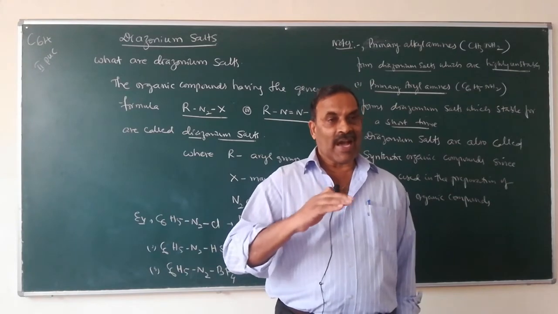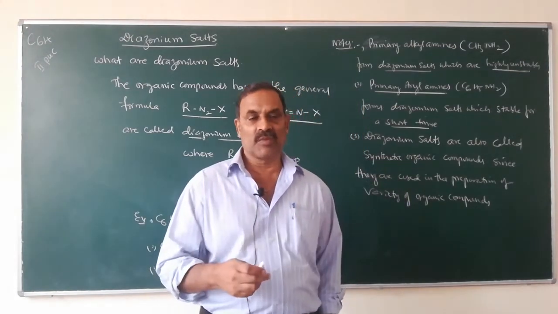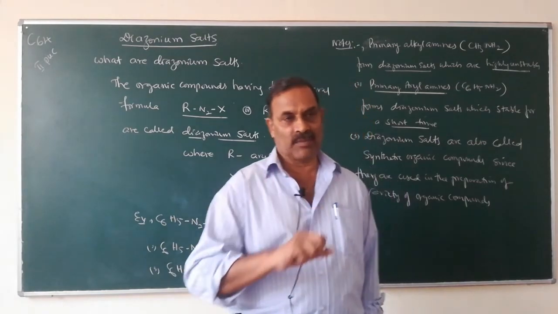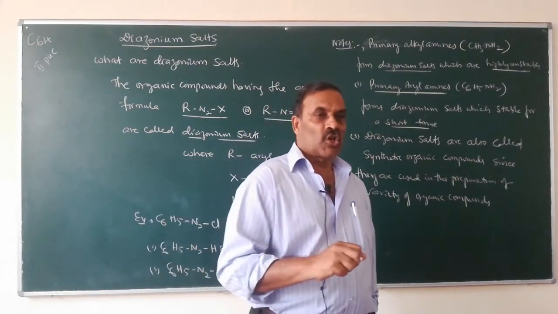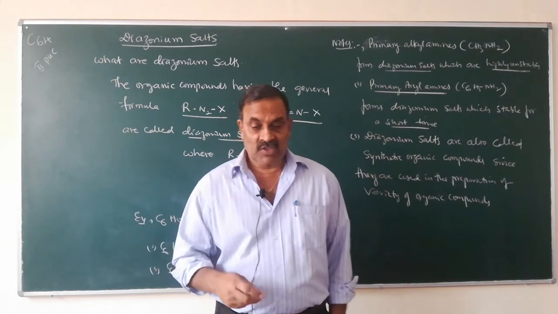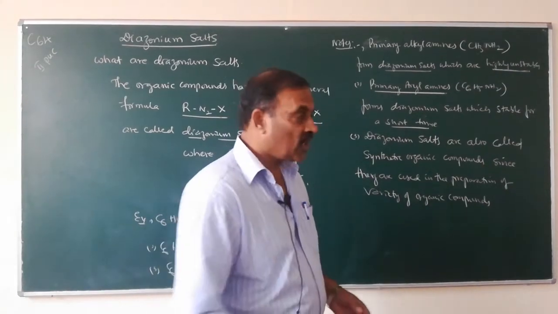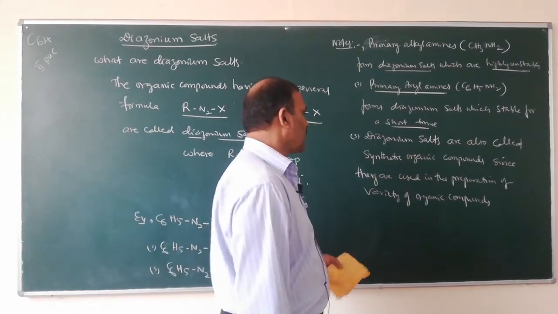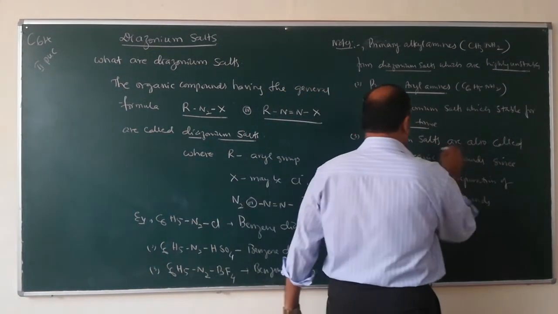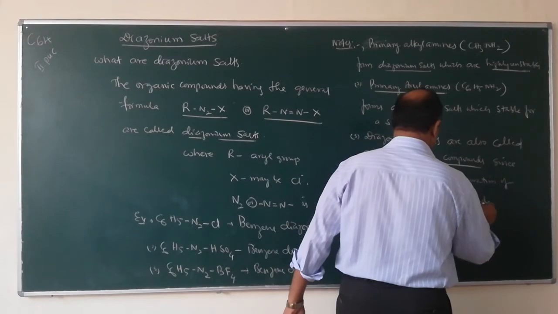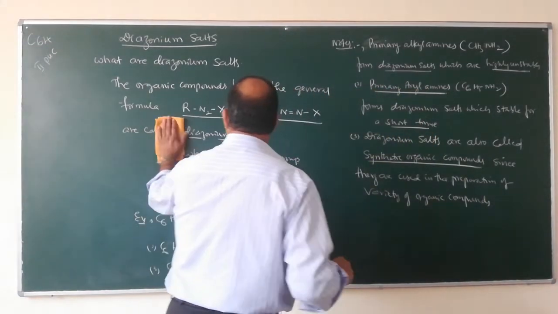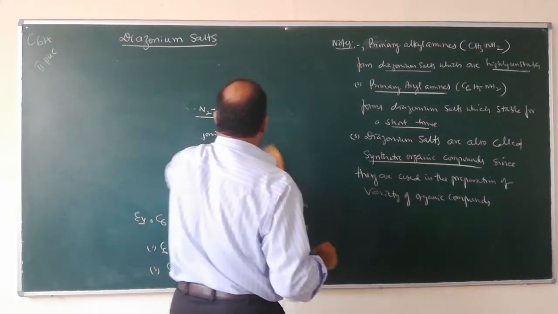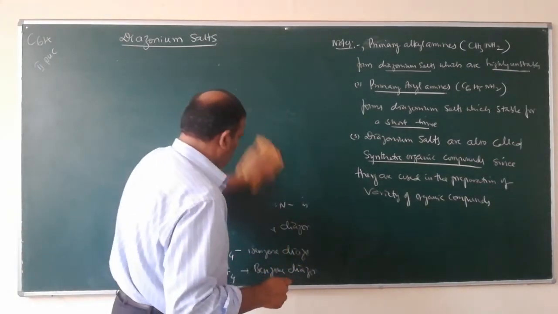Whereas primary aryl amines form diazonium salts which are stable for a very short time. Diazonium salts are also called synthetic organic compounds because they are used in the preparation of a variety of organic compounds. Now, let us know what is diazotization.